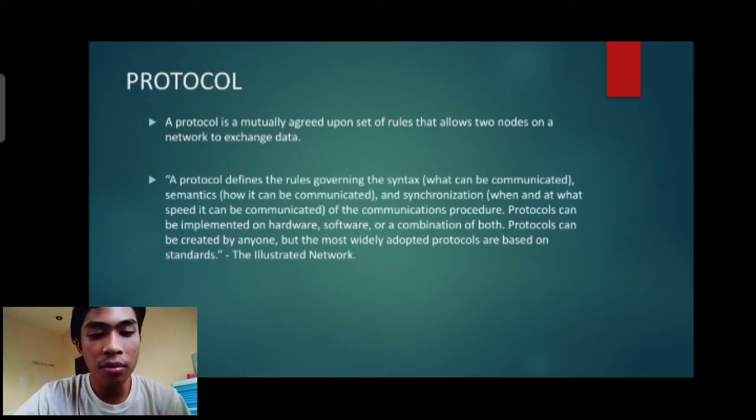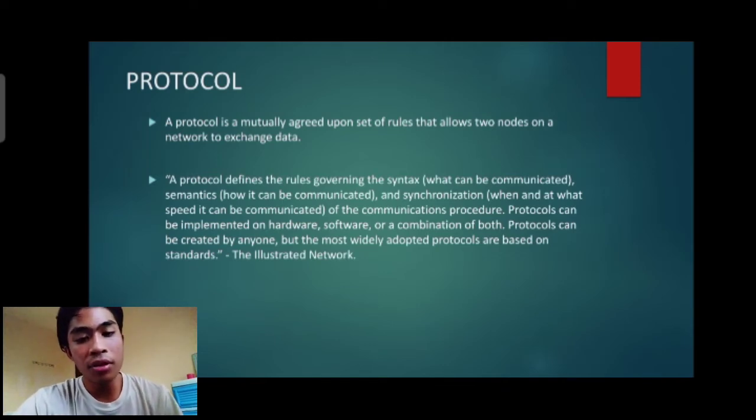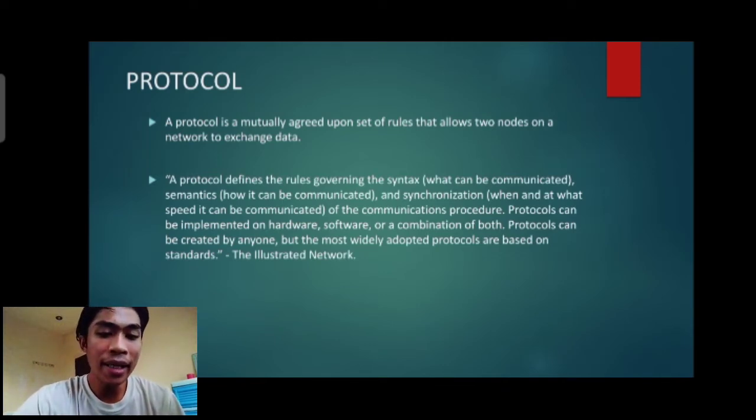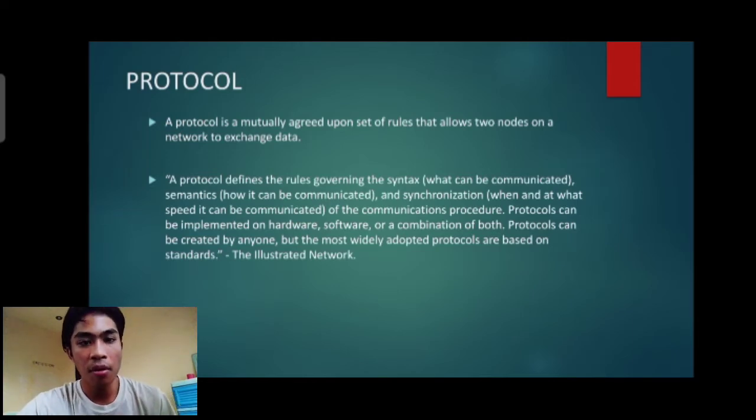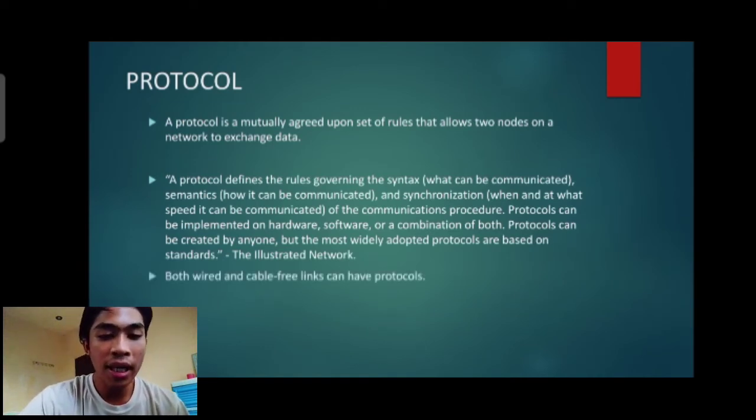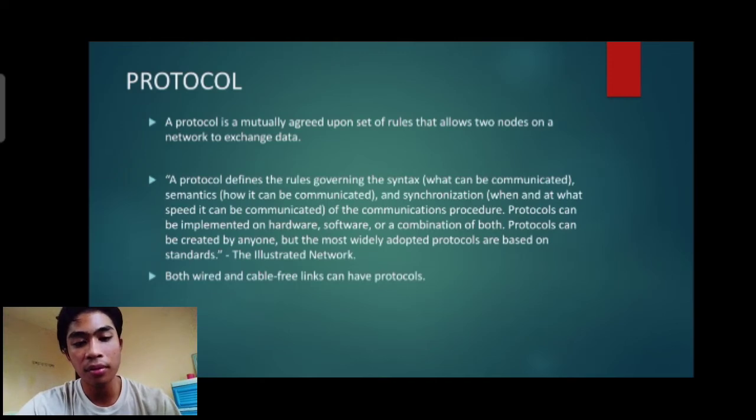A protocol defines the rules governing the syntax, or what can be communicated, semantics, or how it can be communicated, and synchronization, when and at what speed it can be communicated, of the communications procedure. Protocols can be implemented on hardware, software, or a combination of both. Protocols can be created by anyone, but the most widely adopted protocols are based on standards. Both wired and cable-free links can have protocols.